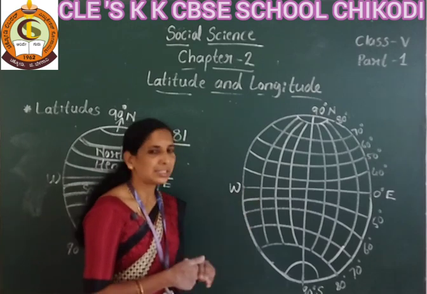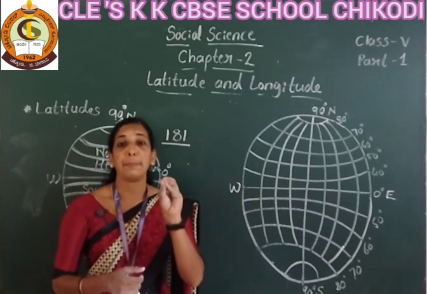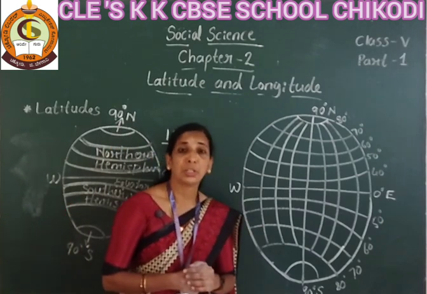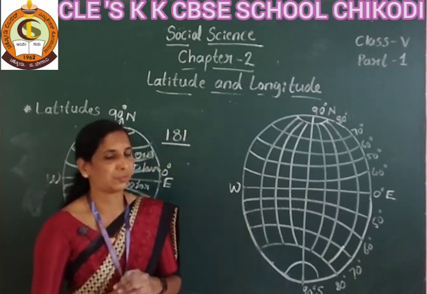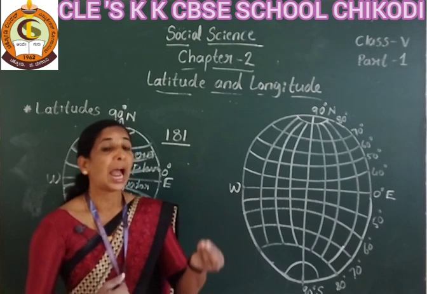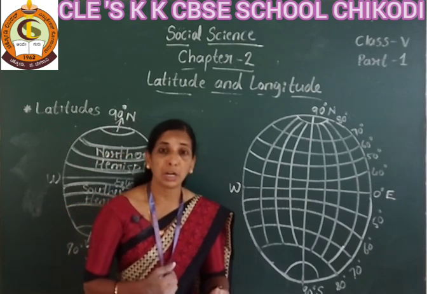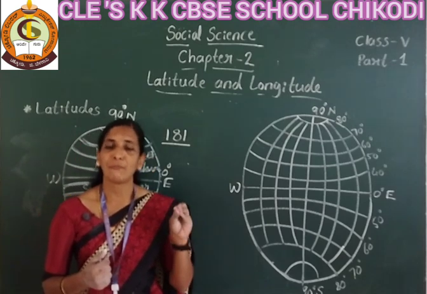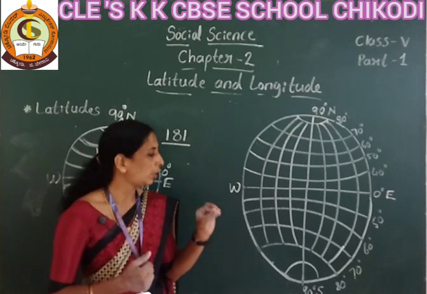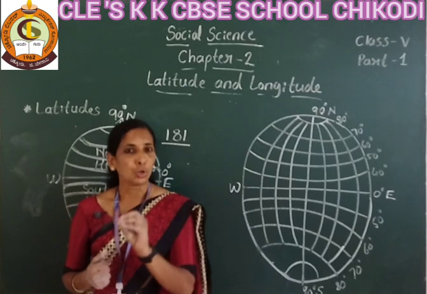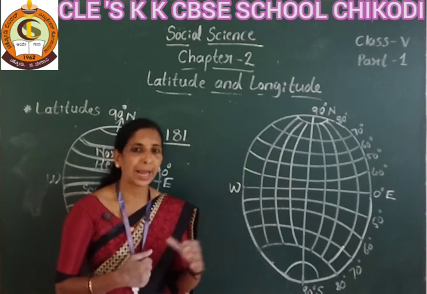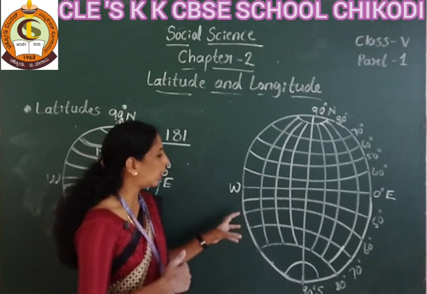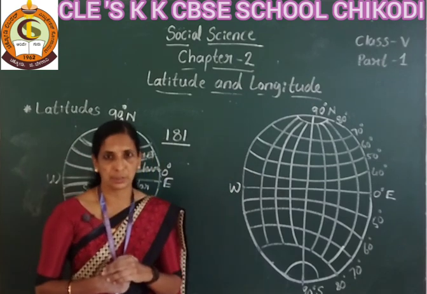These lines are called imaginary lines. These lines help us find locations very easily on a map or globe.